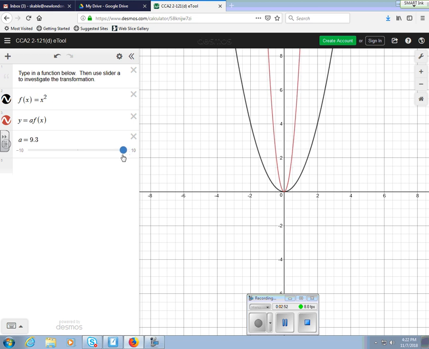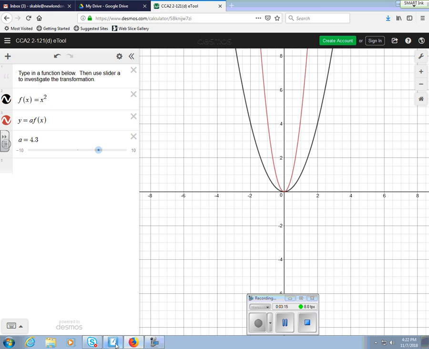The a value is going to basically take that parent function. Here again is the parent function. And again, as I get more and more positive, what's going to happen to the graph? You can jot your notes down underneath that first section. What did we notice about the graph?